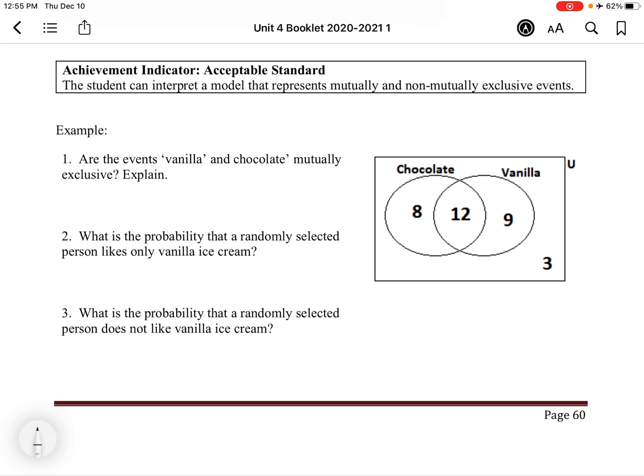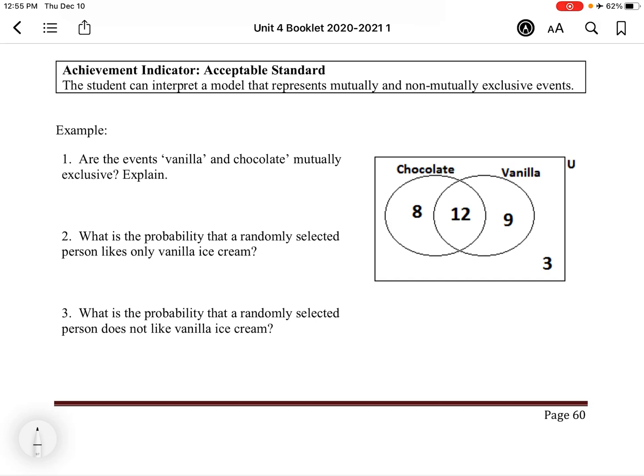Let's look at this guy. Here we have a Venn diagram of, I suppose, people who have been surveyed about what flavor they like. Maybe this is cake, maybe it's ice cream, maybe it's pudding, I don't know. But there's a chocolate flavor, there's a vanilla flavor. First question, are the events vanilla and chocolate mutually exclusive?